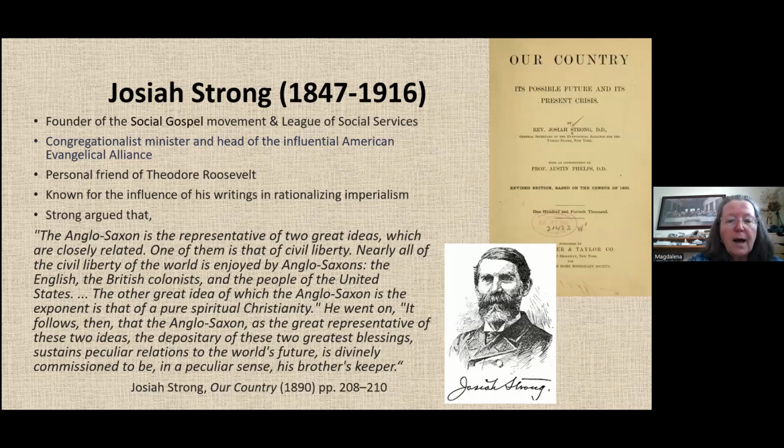The other great idea of which the Anglo-Saxon is the exponent is that of a pure spiritual Christianity. And he went on, it follows then that the Anglo-Saxon, as the great representative of these two ideas, the depository of these two greatest blessings, sustains peculiar relations to the world's future, is divinely commissioned to be, in a peculiar sense, his brother's keeper.